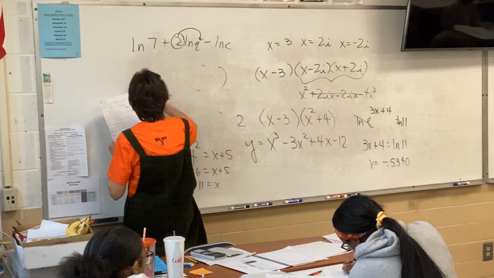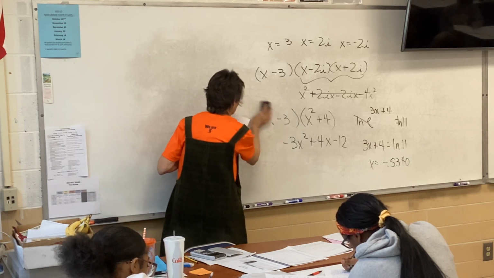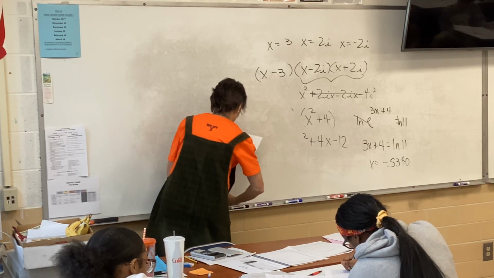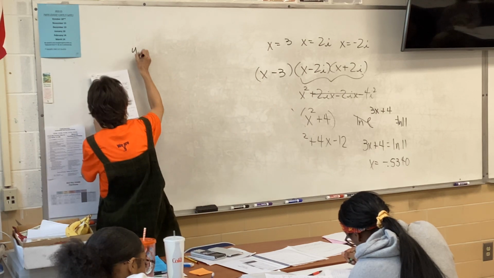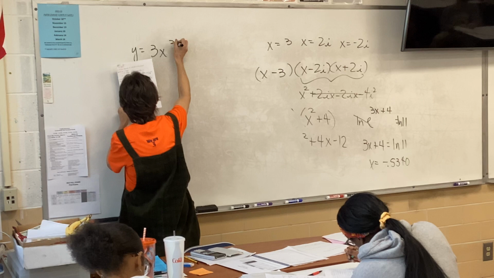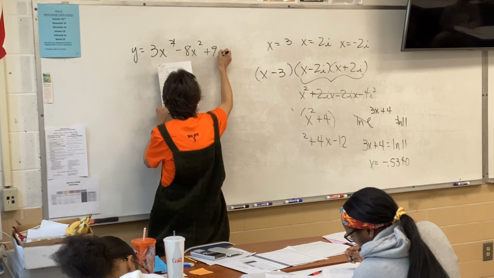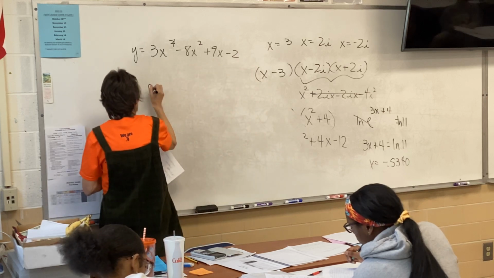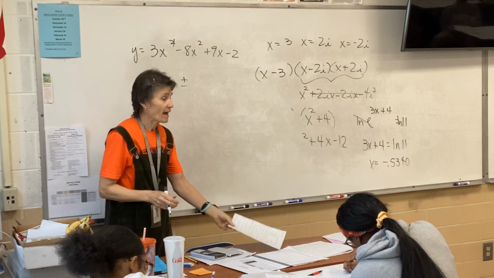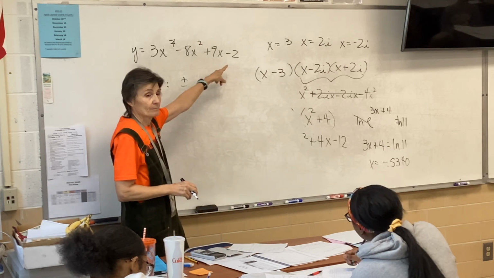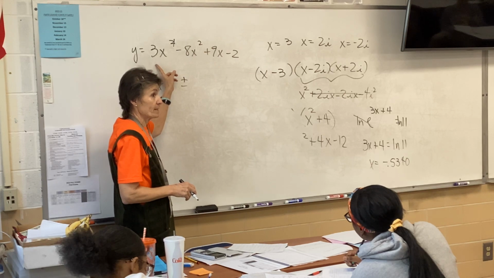List the possible rational roots. We call them PRRs. They're possible rational roots. Factors of 2 over factors of 3.